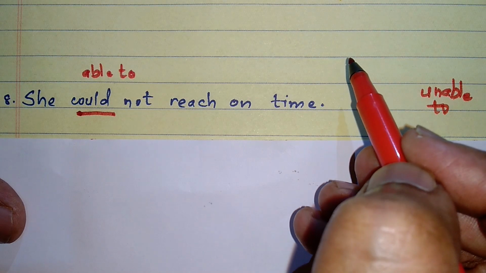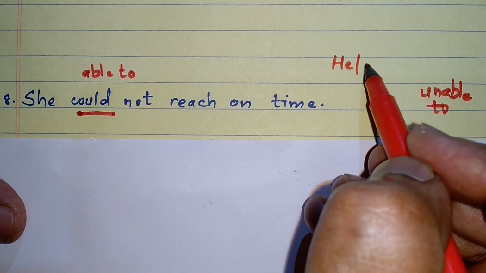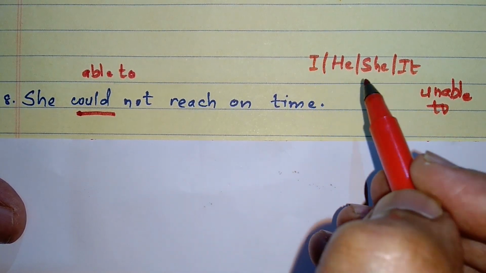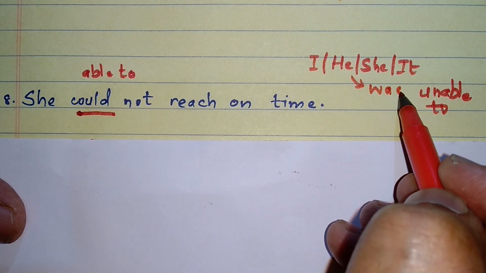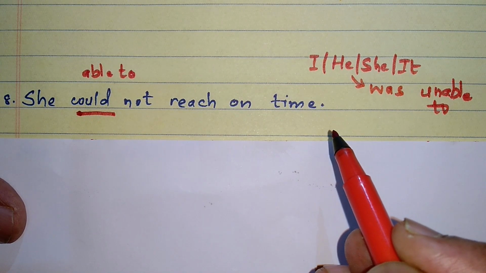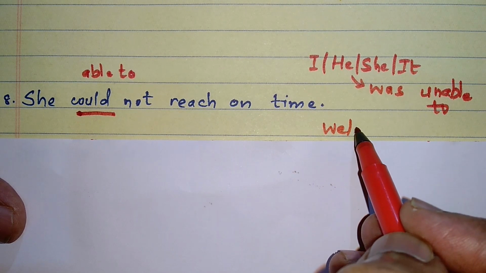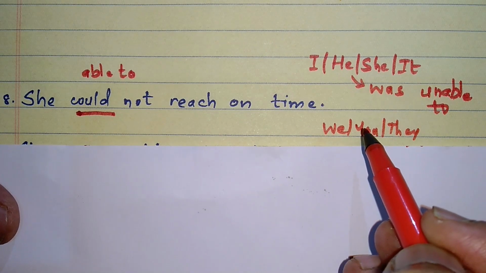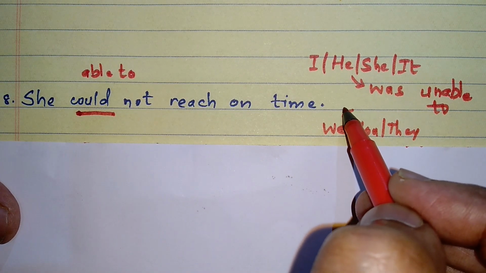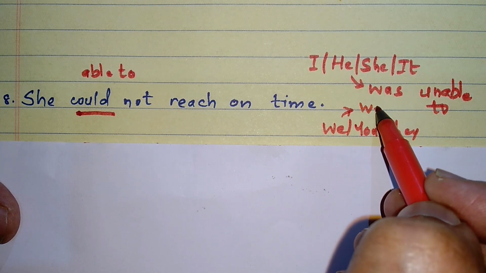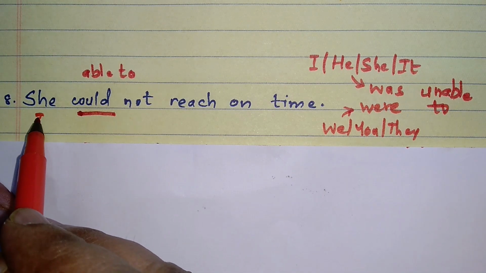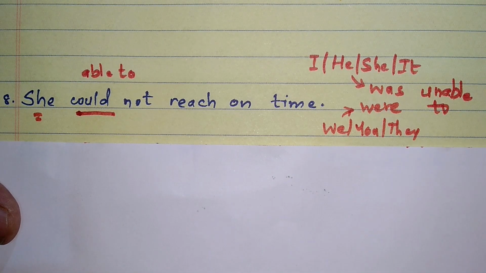If the subject is he, she, it, or I, then we will use was as the helping verb. But if the subject is we, you, or they, then we will use were as the helping verb. Now here the subject is she. So our answer will be she was unable to reach on time.